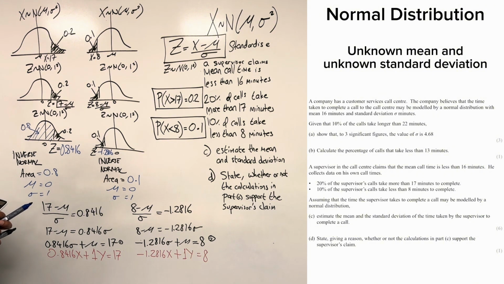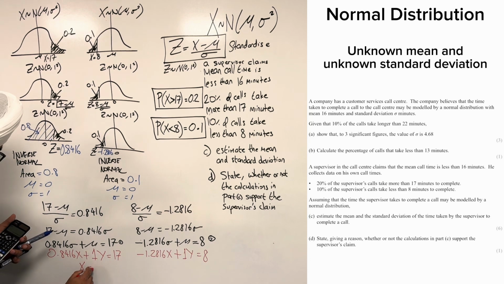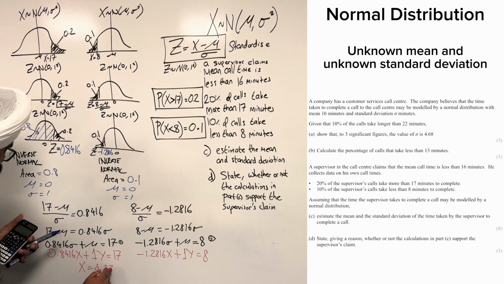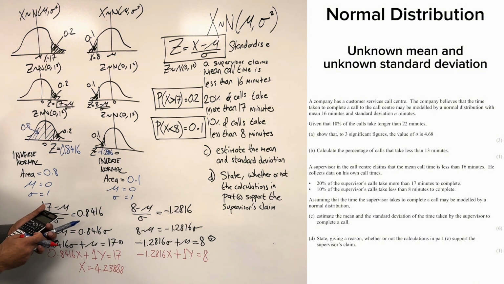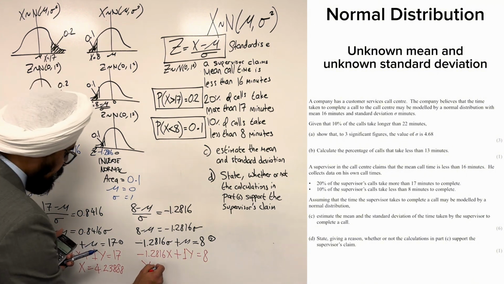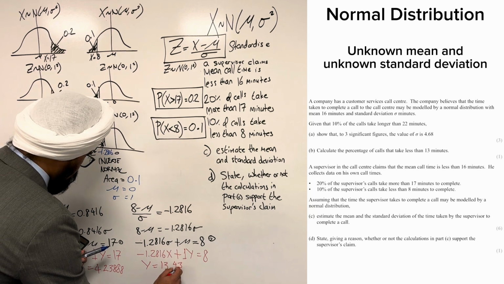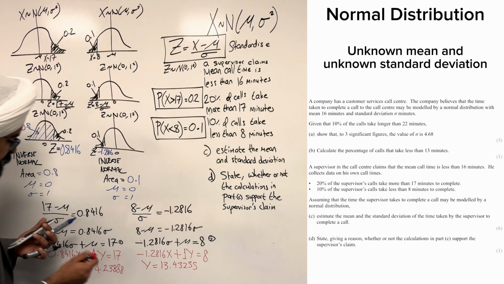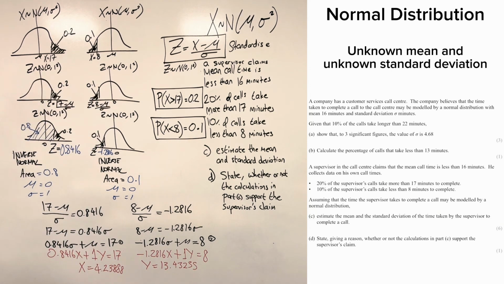If I press equals, I get my answer for x. My answer for x is 4.23888, and carries on. My answer for y is equal to 13.43255. It's very important that you're consistent, because I know that my x in the calculator is representing sigma.